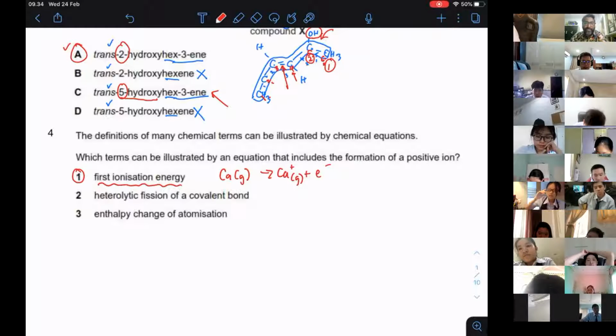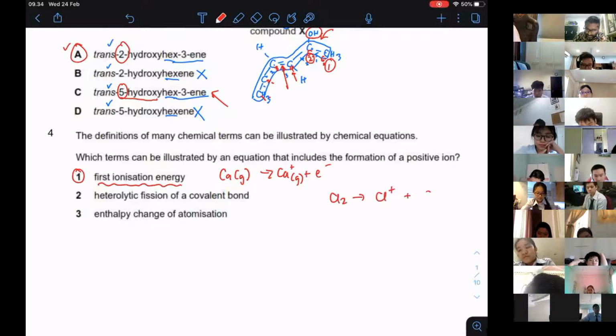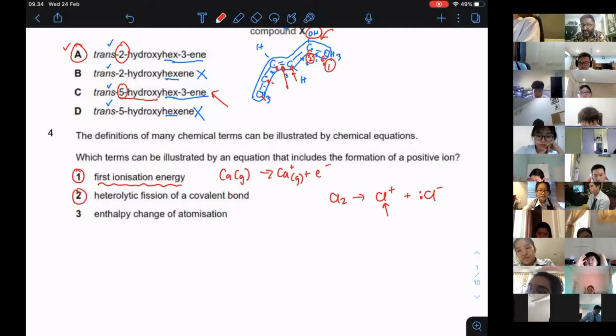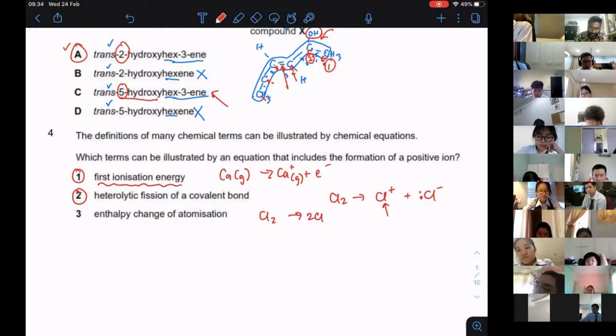Now, heterolytic fission of a covalent bond. This one we already learned. If you have Cl2, heterolytic fission is going to give you Cl+ and Cl:-. So you are going to get a positive ion over there. Enthalpy of atomization, we have learned in energetics. It means you are trying to change Cl2 into atoms.